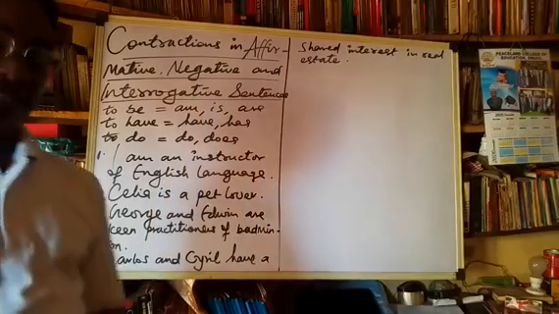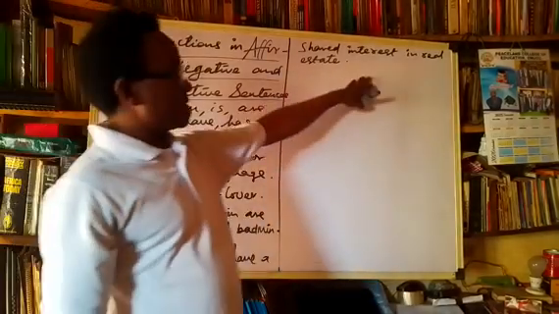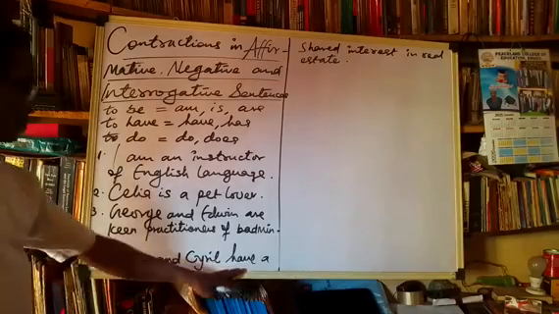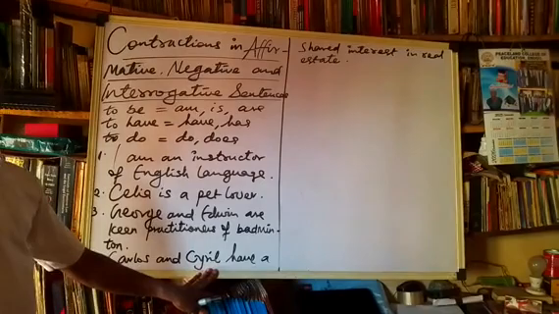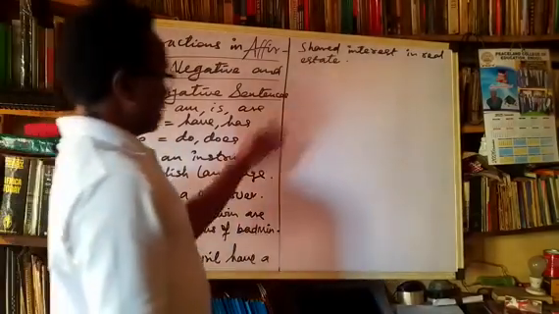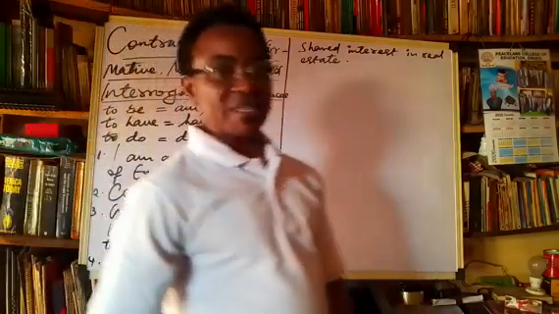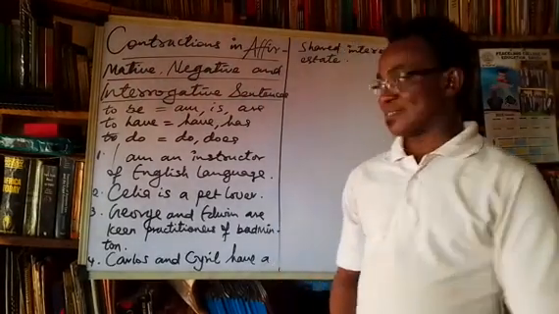Number 4 says, Carlos and Cyril have a shared interest in real estate. So we have "have" because Carlos and Cyril is a plural subject. Real estate is the business of buying and selling lands and buildings.